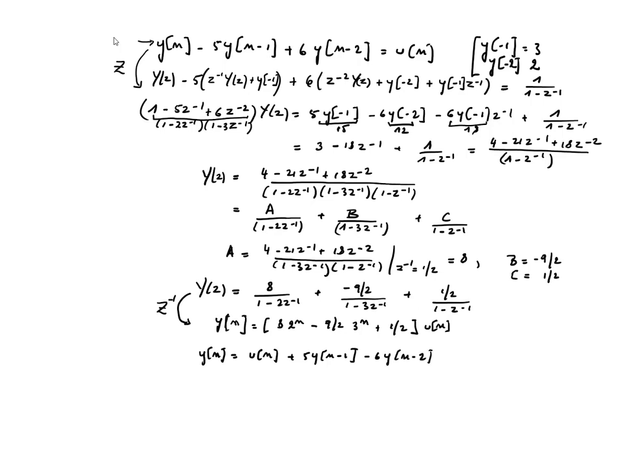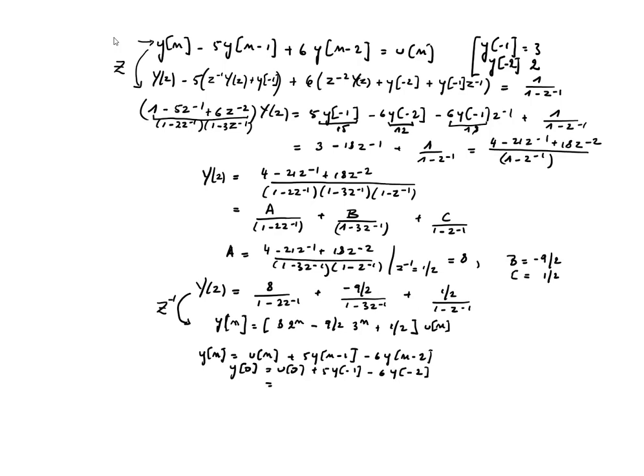This allows you to obtain y0. So y0 is u0 plus 5 times y of minus 1 minus 6 times y of minus 2.